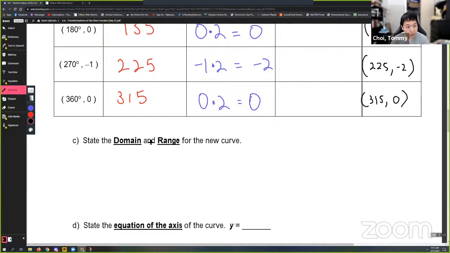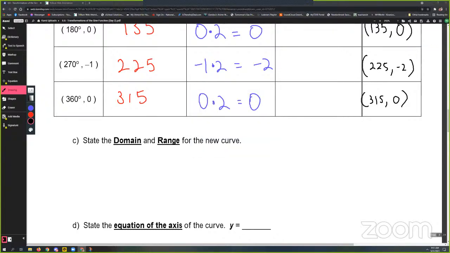No one wants to give domain a shot? Do I have to pick a random person? Don't make me pick. I hate picking. Sir, can I go? Yeah, go for it.